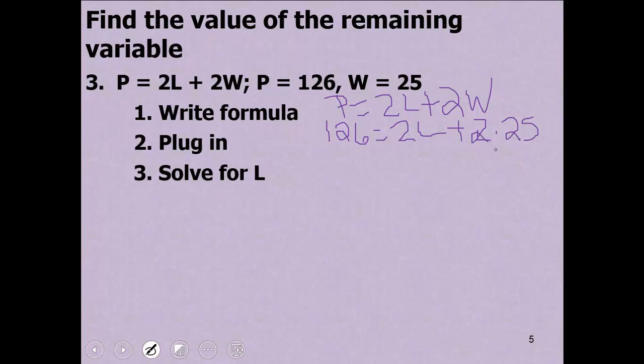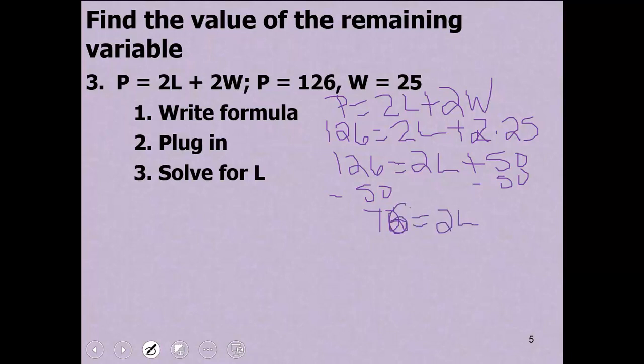Okay, 126 is equal to 2L plus 50. I'm going to subtract 50, and I get 76 is equal to 2L. And then I'm going to divide by 2. And that gives me 38 is equal to L. Just like so.